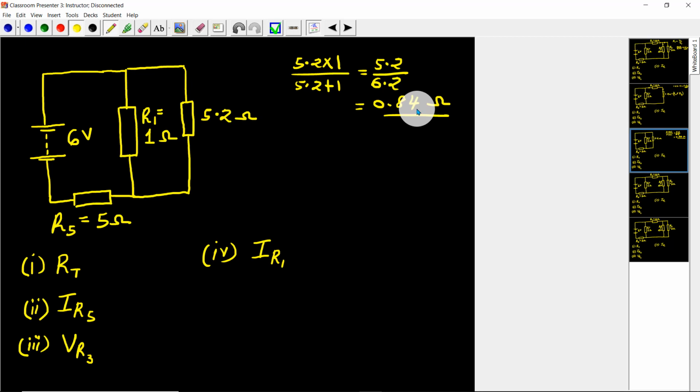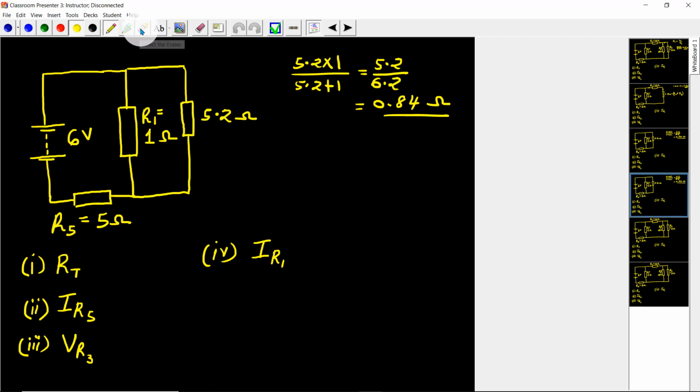Okay, let's continue. Now I've got one resistor which will represent these two. So let me duplicate this circuit there, so that now I can get one resistor whose value is 0.84 ohms representing these two. So I'm going to remove this.